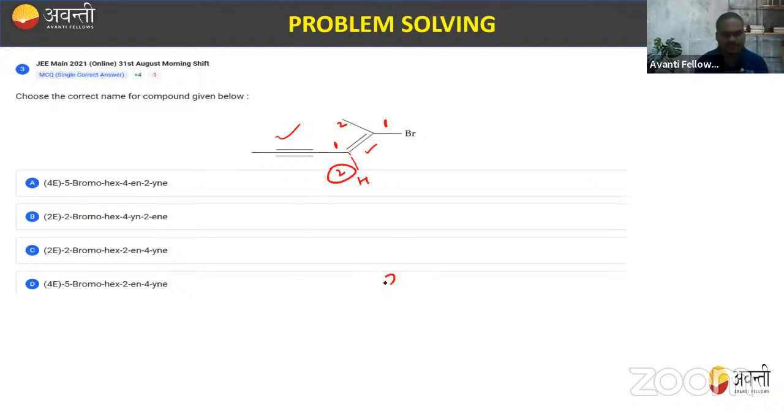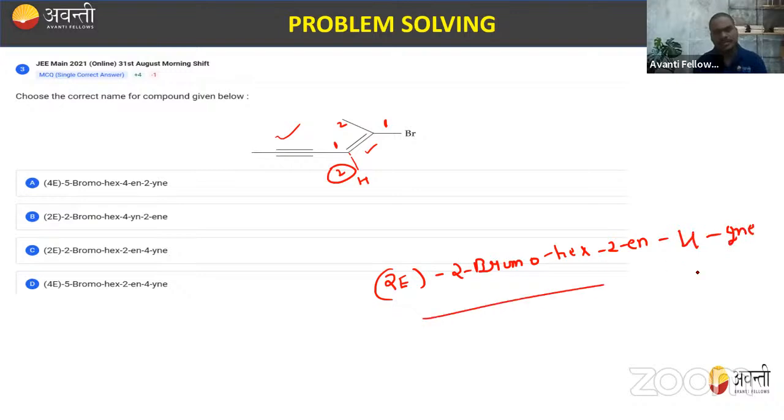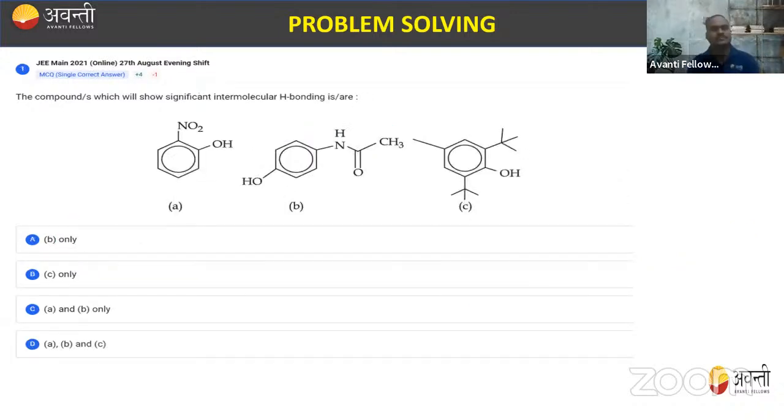So the name is 2E, right? 2E, 2 bromo, hex, 2 ene, 4 yne. So this is the correct name. 2E, 2 bromo, hex, 2 ene, 4 yne. Option C is absolutely correct for this.